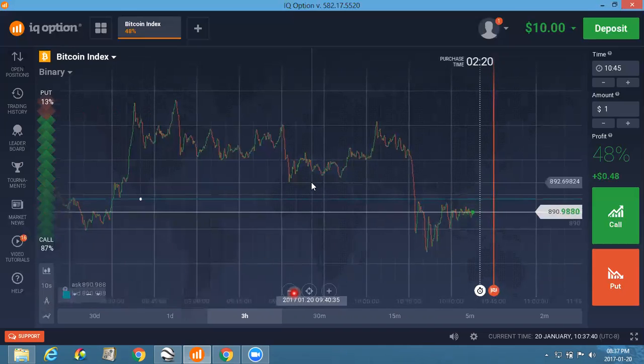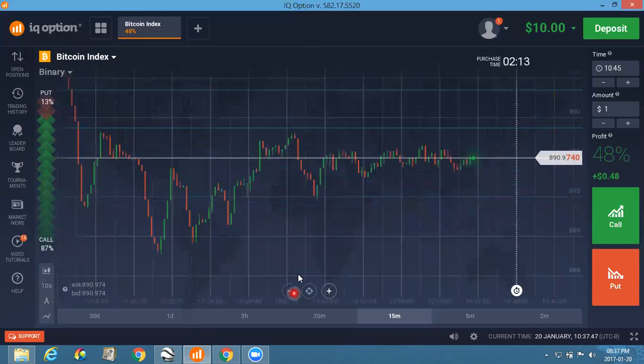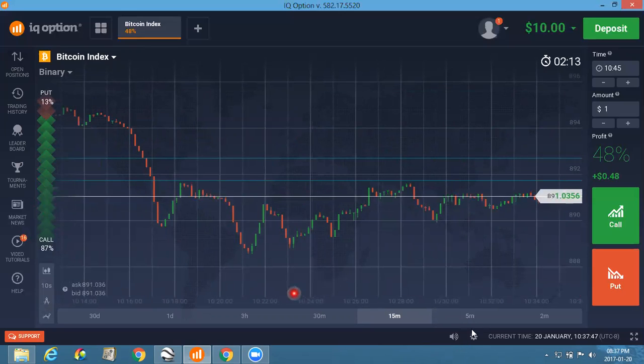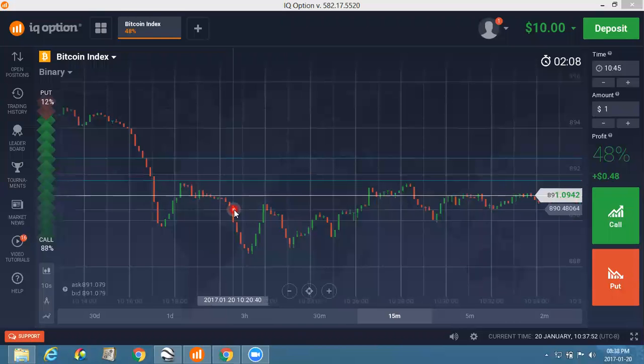I'll explain what I'm doing later. Okay, so the strategy is based on swings and on moving averages, which are the indicators we use.